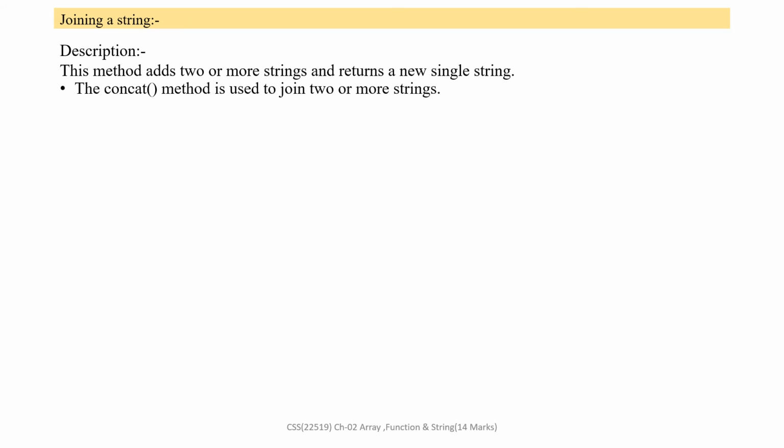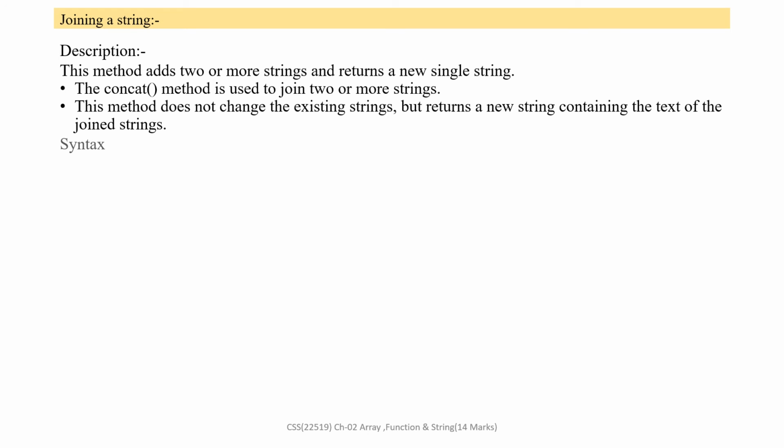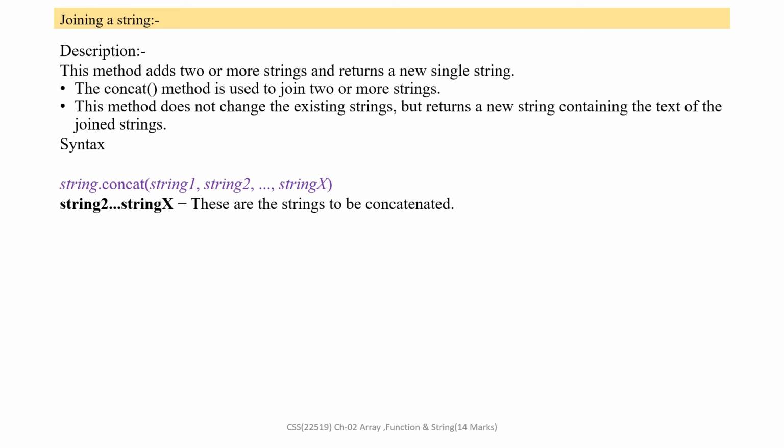Our next topic is joining a string. This method adds two or more strings and returns a new single string. The concat method is used to join two or more strings. This method does not change the existing string but returns a new string containing the text of the joined strings. The syntax for this concatenation is string.concat(string1, string2, up to stringX).